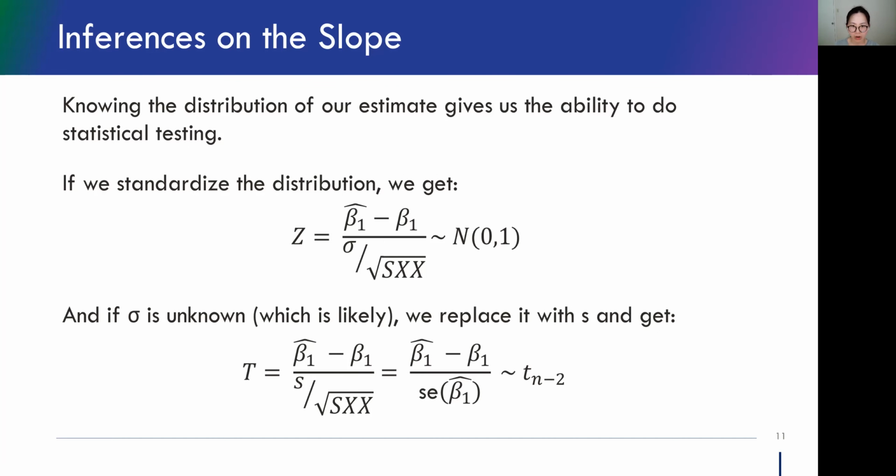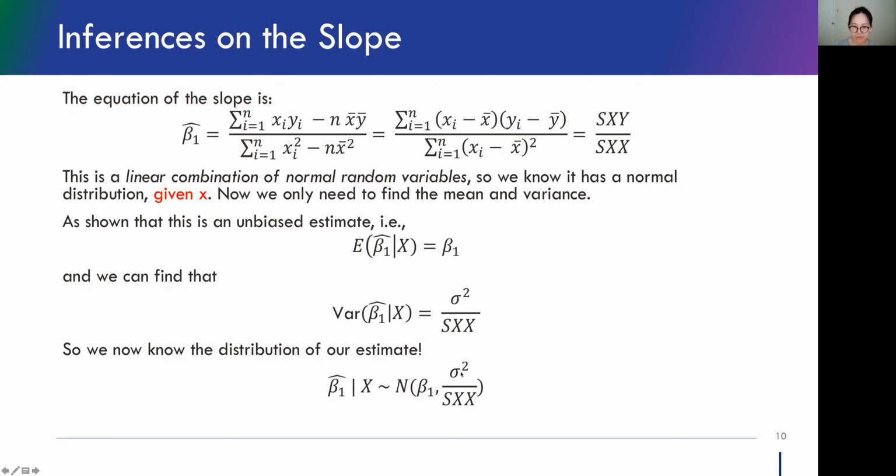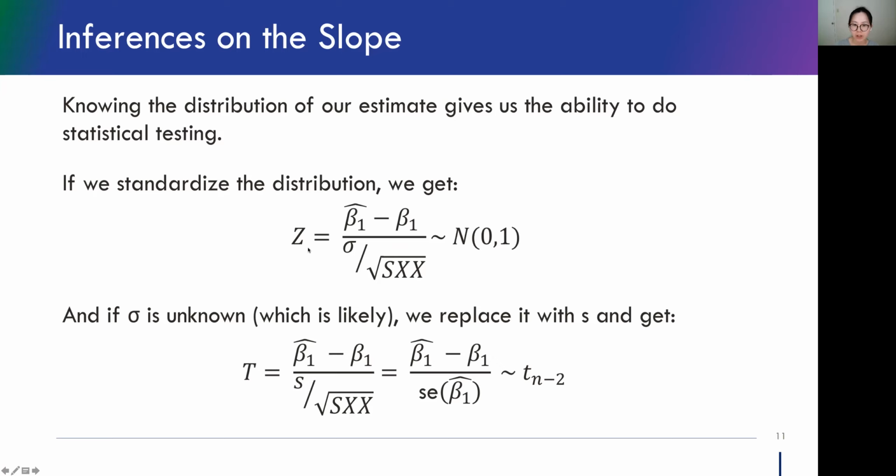Knowing the distribution of our estimates gives us the ability to do statistical testing. So that's the whole purpose of finding out the detailed distribution for our slope. If we standardize the distribution, meaning we take beta 1 hat minus its mean and divide by its standard error, which is the square root of the variance, we get a standard normal distribution, normal 0, 1.